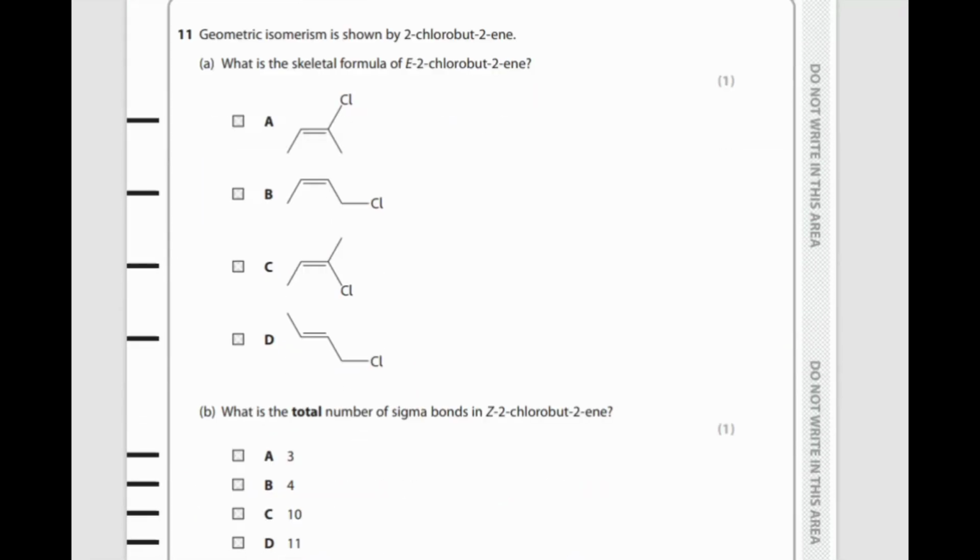Question 11. This is about geometric isomerism. What is the skeletal formula for E2-chlorobut2ene? Our answer here will be A. So just to show how we came by that answer, chlorine, this is a methyl, this is hydrogen, and this is a methyl.